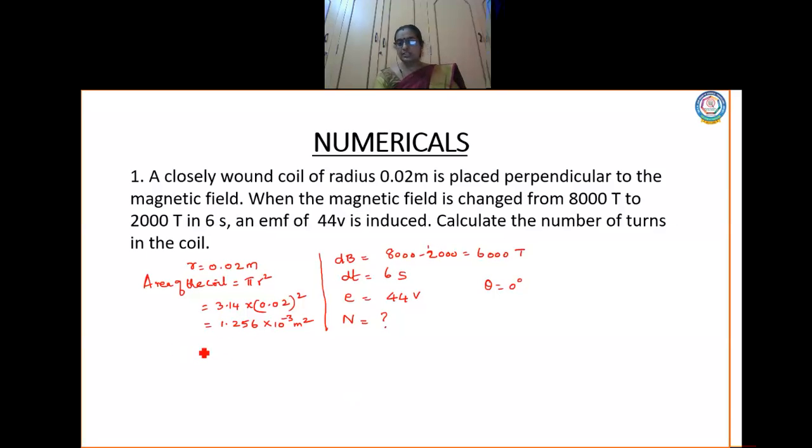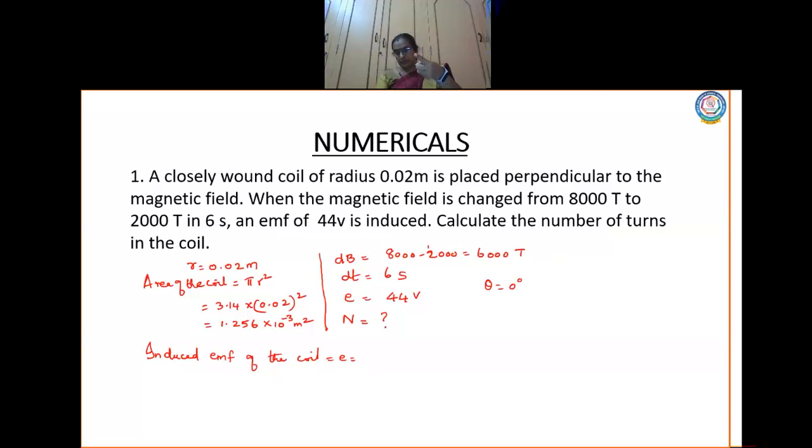First, you need to find out the number of turns, but you have to write the formula for the induced EMF of the coil. What is the formula? You know the formula. E is equal to BA cos theta.